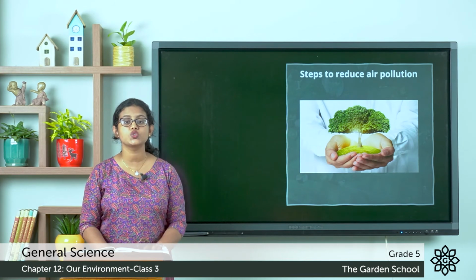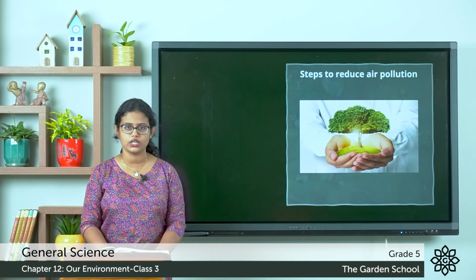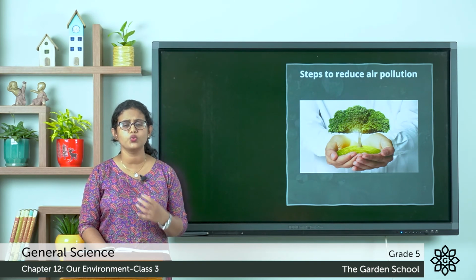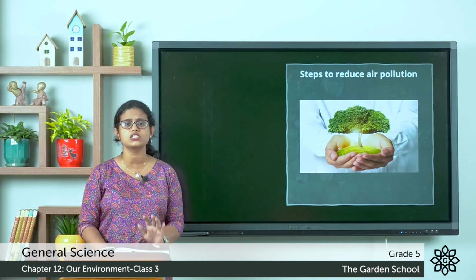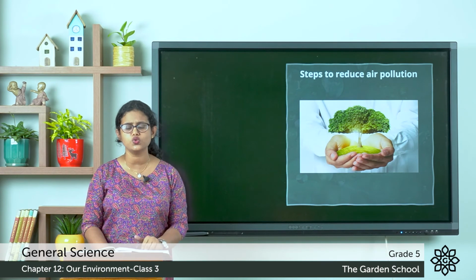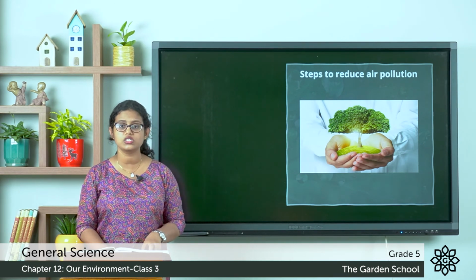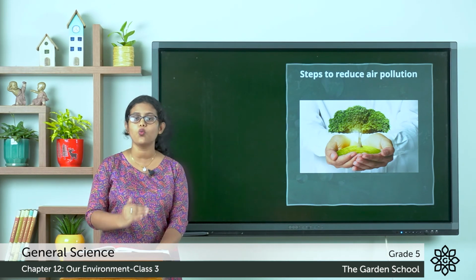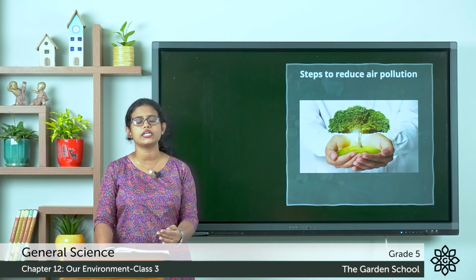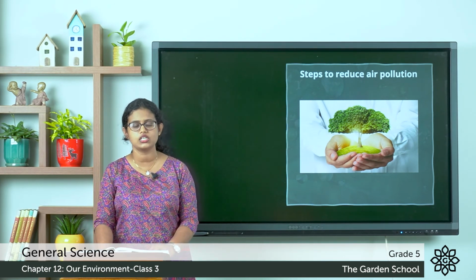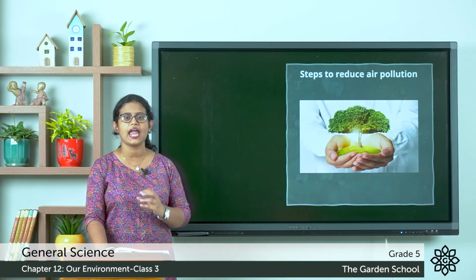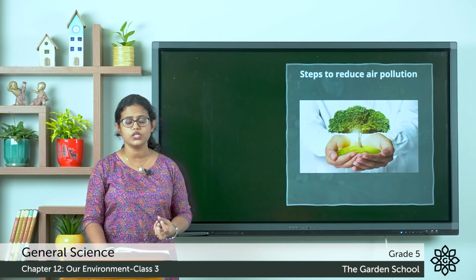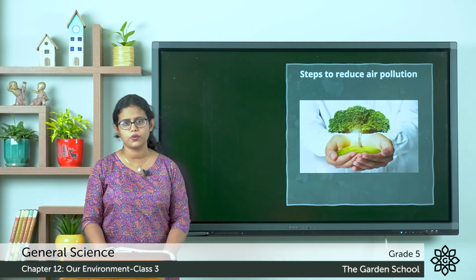Then we need to reduce the use of motor vehicles, because they release smoke which contains harmful substances. So we need to reduce their use by using buses and trains to travel. We can even walk shorter distances, by which we can reduce the air getting polluted. These are the different ways by which we can reduce air pollution.